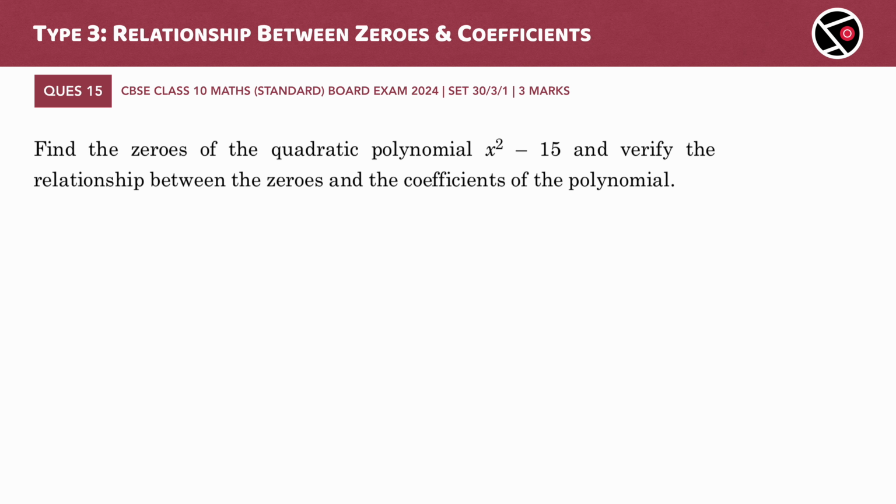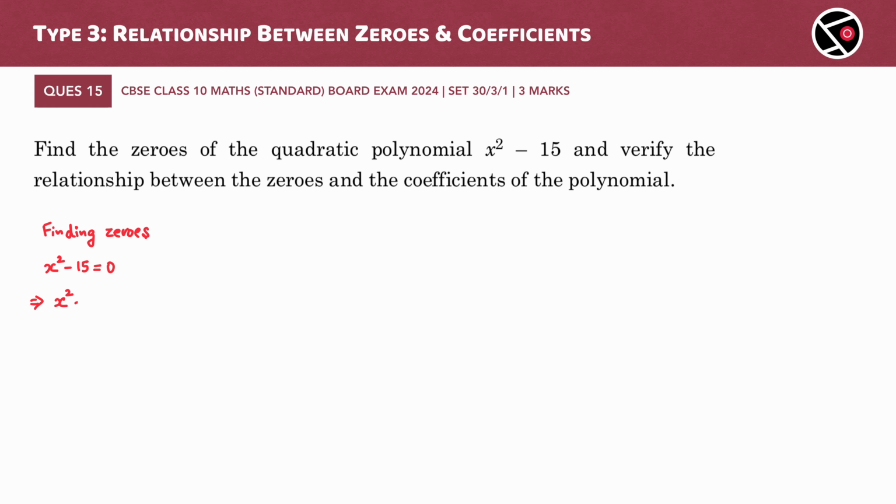This question looks quite similar to the previous one, but it can be slightly tricky. So take your time, pause the video and give it a try. Alright, we start with the zeros again. X square minus 15 equals 0.